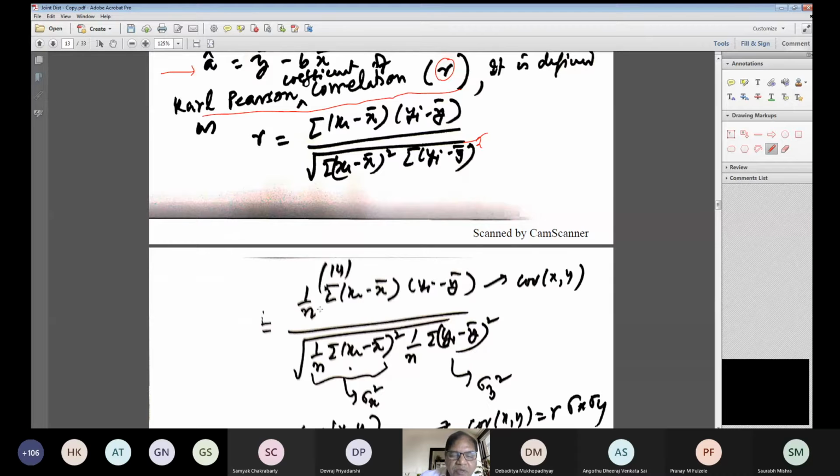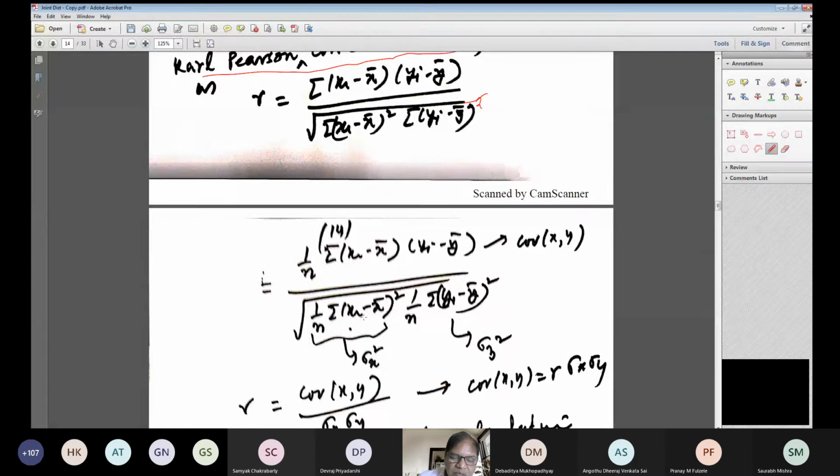There is another way to represent that. Since there are n observations, I can divide numerator and denominator by n. So 1 by n summation xi minus x bar times yi minus y bar is known as the covariance xy, and the other quantities are the variance of x and the variance of y.